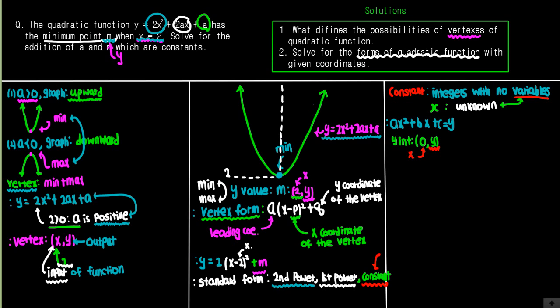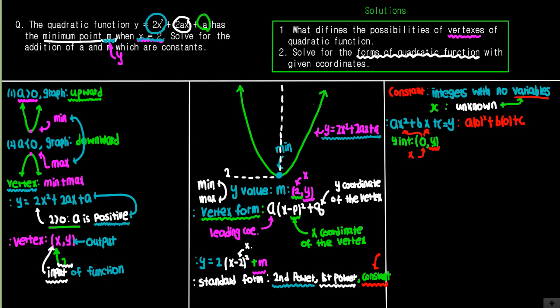So we can simply input 0 into our x value, and then we get a times 0 squared plus b times 0 plus c.